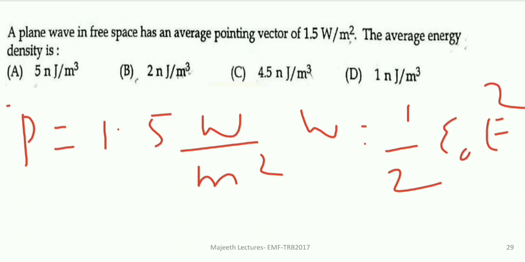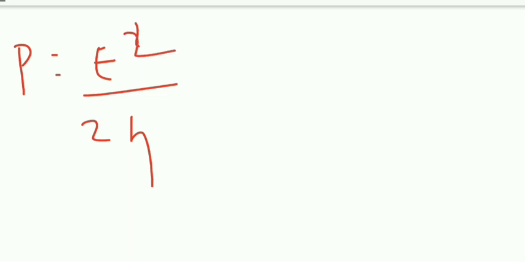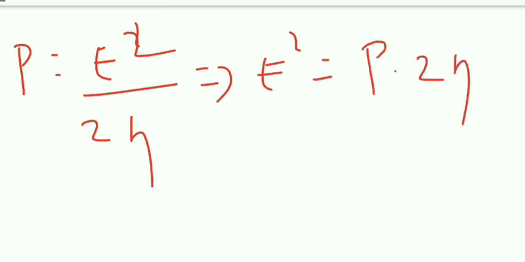So Poynting vector we know, W is the average energy. Now we find E. We know the relationship between P and E: P is equal to E squared by 2 eta. This implies E squared is equal to P into 2 eta.